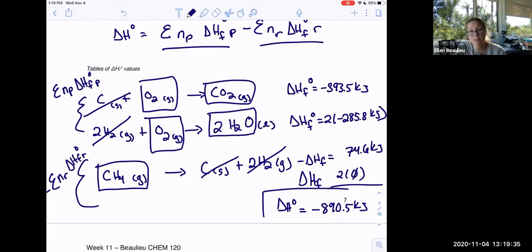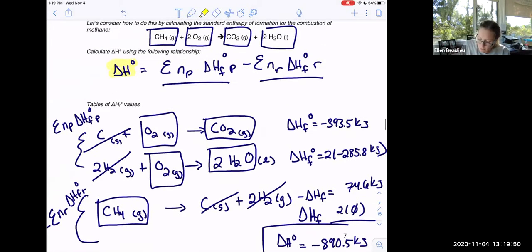It will always be there for you, but I need you to know what it means and why it works. It's just another application of Hess. So if you are asked to calculate delta H naught, then you can do so with delta HFs from the back of the book. That little degree symbol should be a hint to you. I can use those appendices in the back of the book.